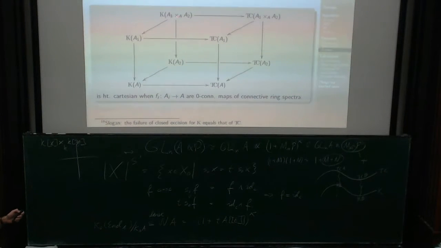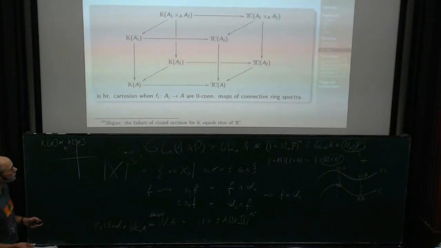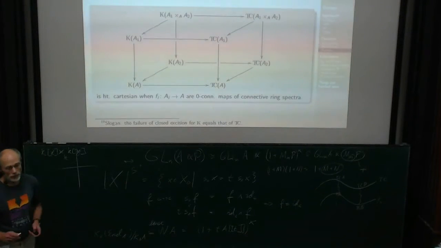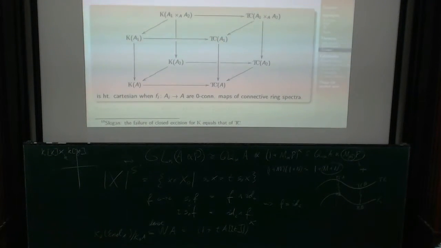Well, I promised you that the deficiency of K-theory is the same as that of TC, and here is a precise statement of that. This cube here is homotopy Cartesian. That is to say that the iterated fiber of this square is the same as the iterated fiber of that square. So not only do we have control of what happens when we have open embeddings, we also have some sort of control for closed embeddings, at least if you're able to calculate TC.